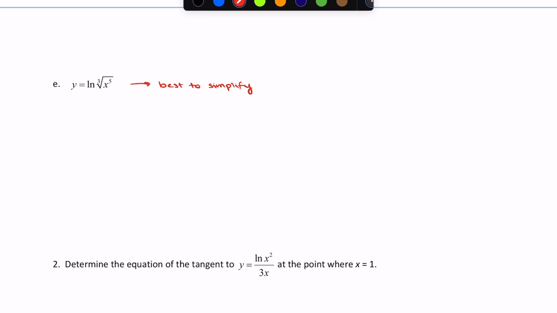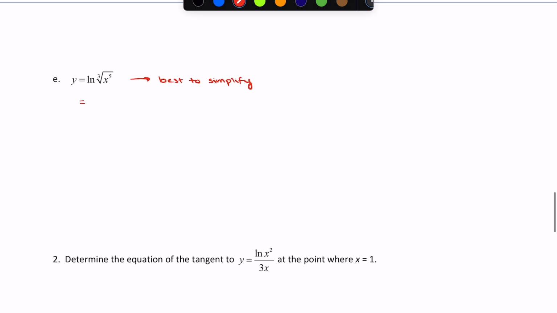So we can rewrite this with an exponent, so we would get natural log of x to the power of 5 over 3. Again, using the log laws, which apply to the natural logs as well, move the 5 over 3 to the front. So that gives us 5 over 3 natural log of x, or mod x.